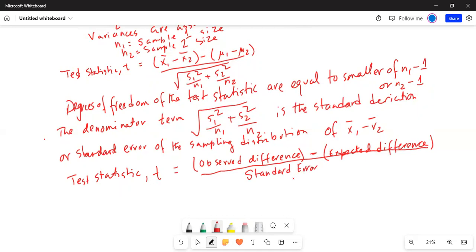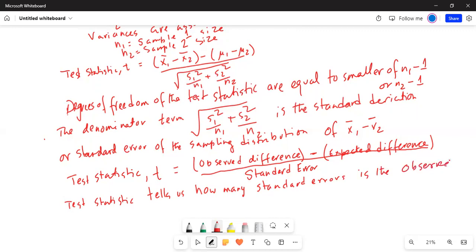That is, the test statistic tells us how many standard errors the observed difference is away from the expected difference.